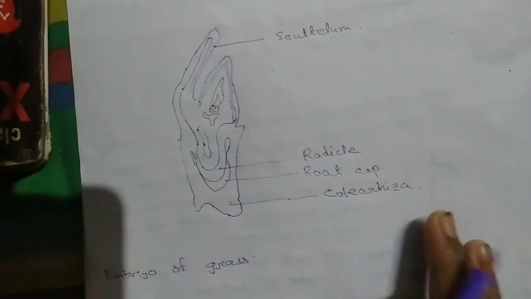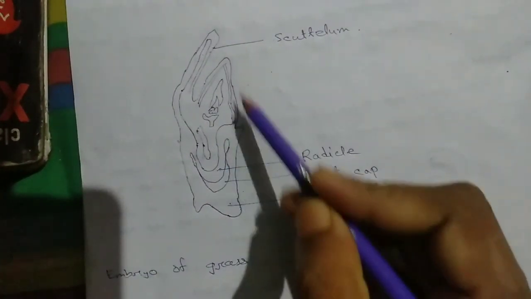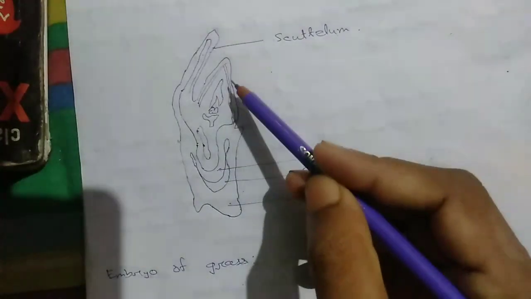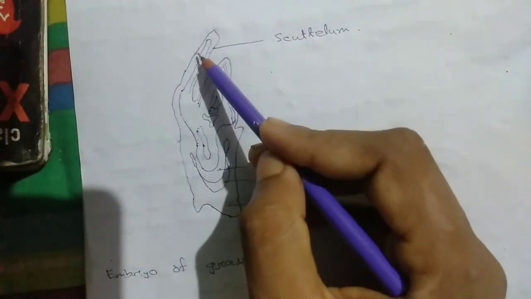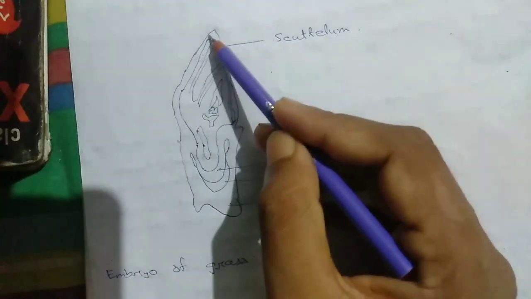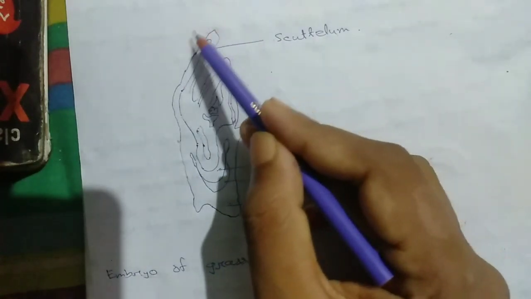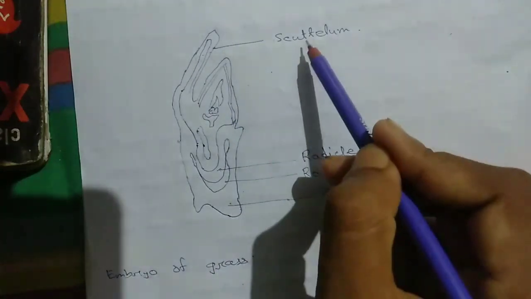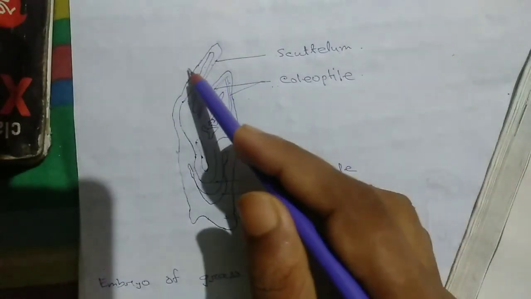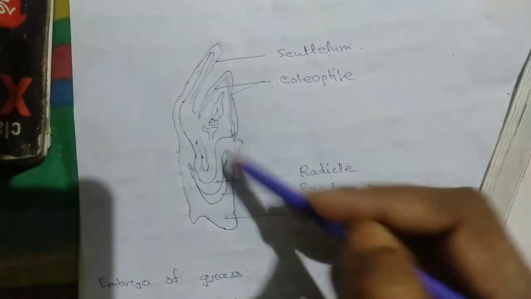See the structure carefully. In this monocot embryo, the lateral, one-sided part is known as the scutellum, and this is the axis.